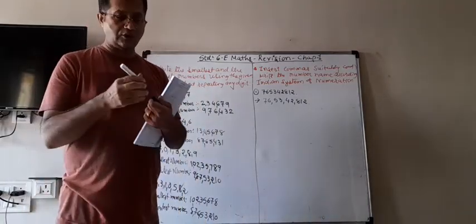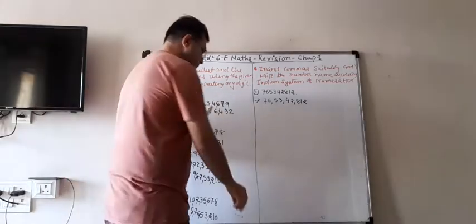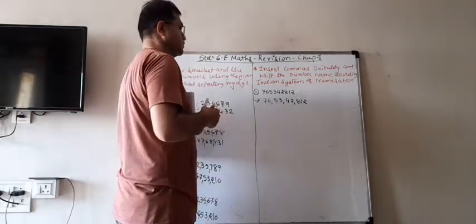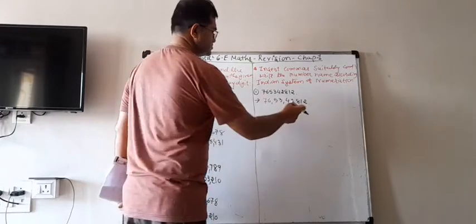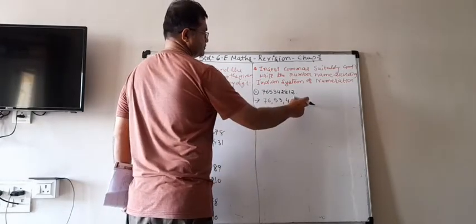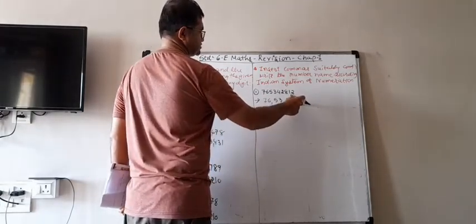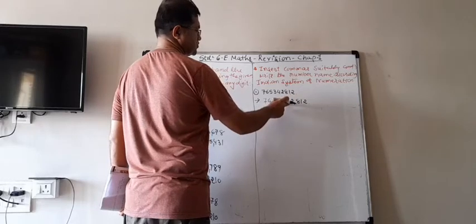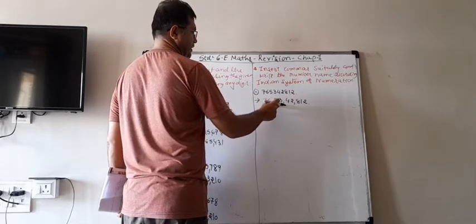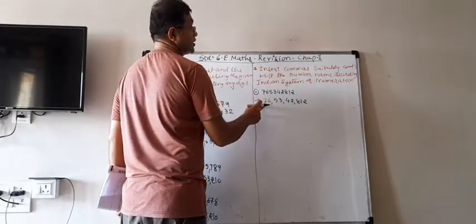Now we have to write down the number name also. We can see that it is in the crores. Ones, tens, hundred, thousand, 10,000, lakh, 10 lakh, crore and 10 crore.